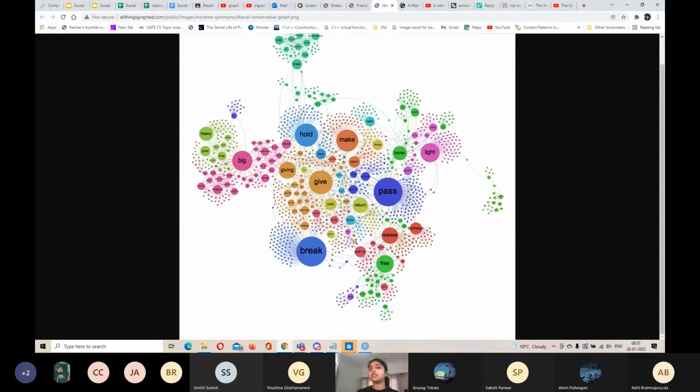So these are the words which are synonyms with each other, and these networks are highly used in natural language processing. If you are writing some keyword in a search engine, then you would also like to check its synonyms. And if a word A is a synonym of a word B, and word B is a synonym of word C, what do you think? Will word A and word C be synonyms?